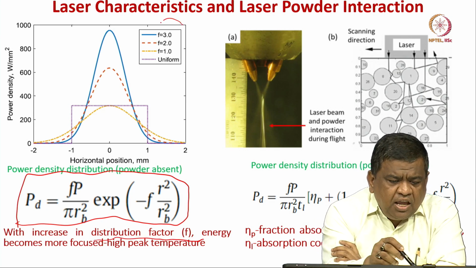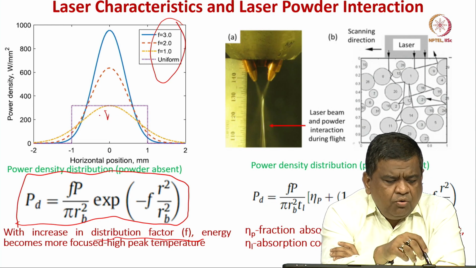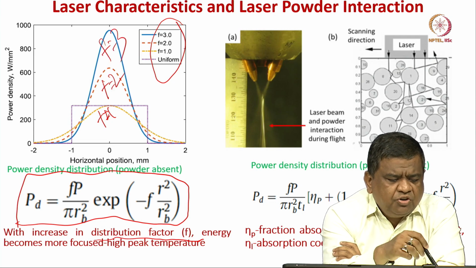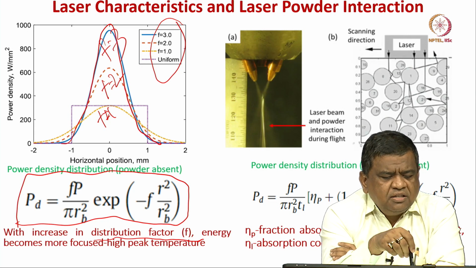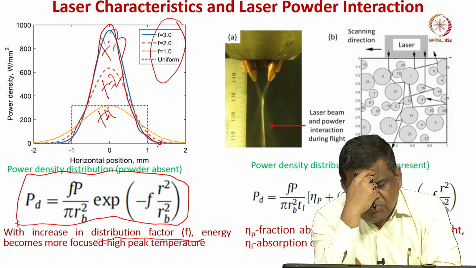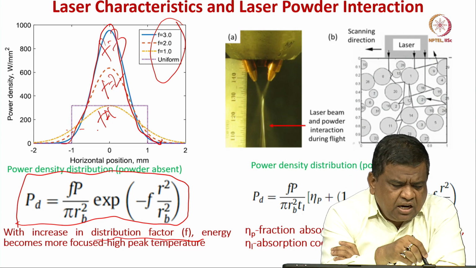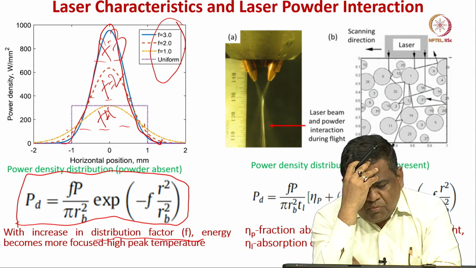Now, depending on the F value, you will get a different distribution. This is F value equal to 1, this is F value equal to 2, this is F value equal to 3. So, the more the F value, the peak in the distribution increases, and the width of the distribution decreases, because if you see F equal to 1, it is much broader, and it is becoming more and more narrower.